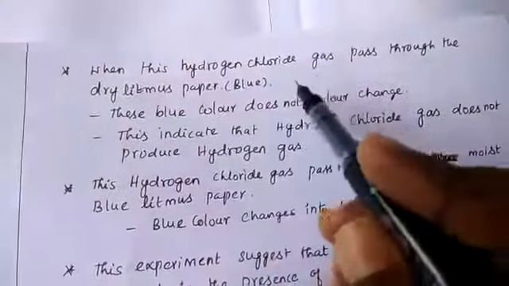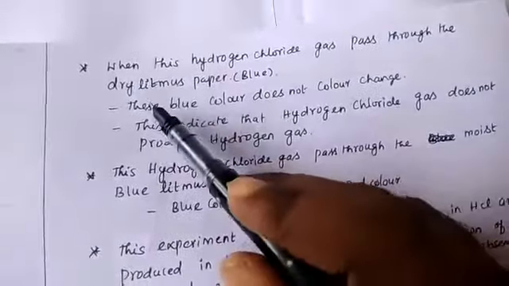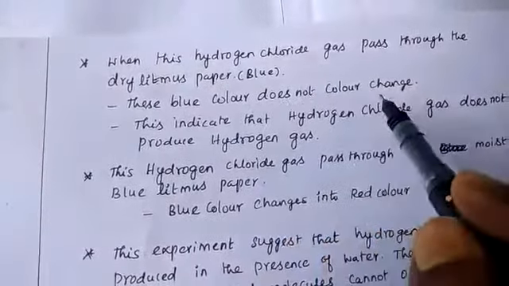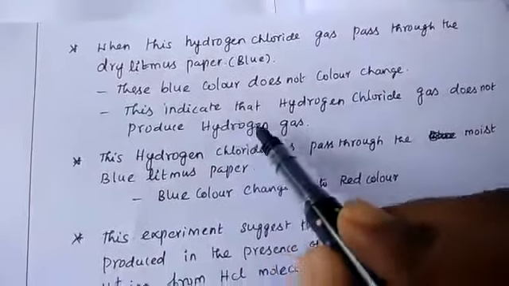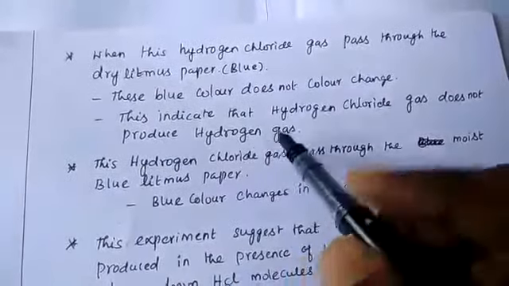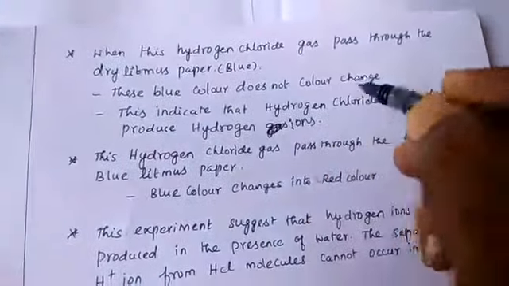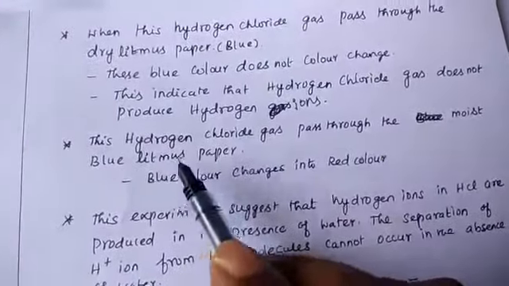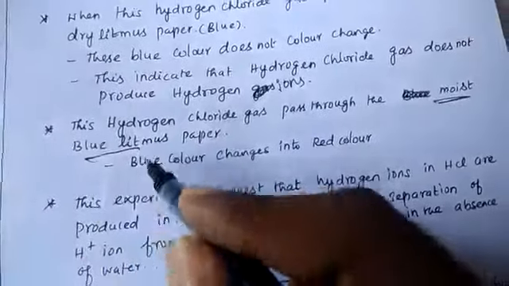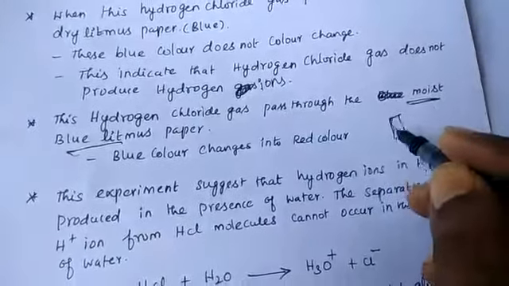When this hydrogen chloride gas passes over dry blue litmus paper, not wet, the blue color does not change. This indicates that hydrogen chloride gas does not produce hydrogen ions. Now this hydrogen chloride gas is passed over moist litmus paper, that is, blue litmus paper dipped in water.